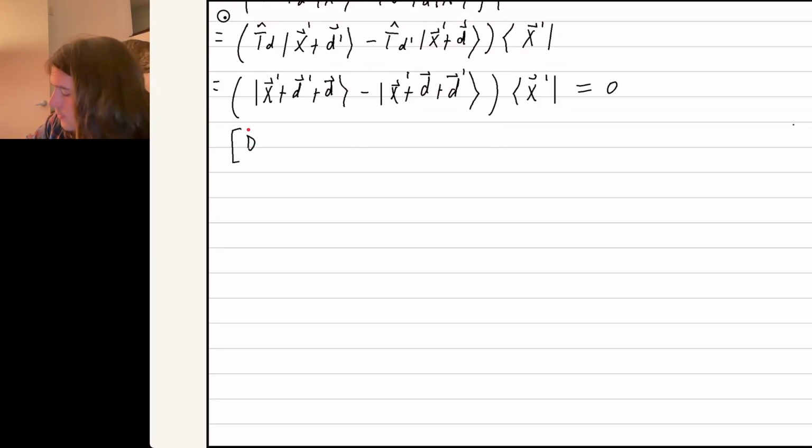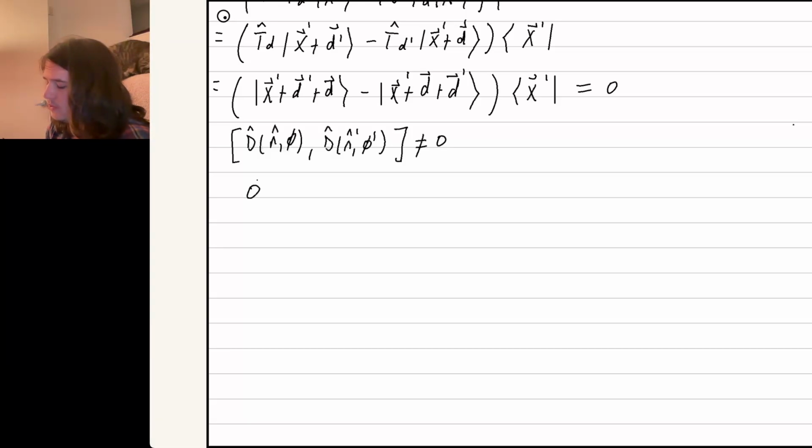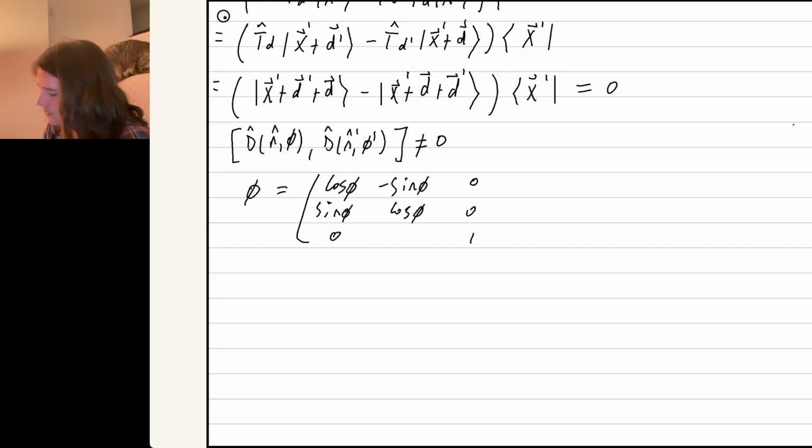What about rotations? Do rotation operators actually commute? This is kind of a trick question. The answer is a hard no. The rotation operators just don't commute. That's because each rotation is going to end up being the rotation matrix, which is cosine phi, minus sine phi, cosine phi, 0, 0, 0.